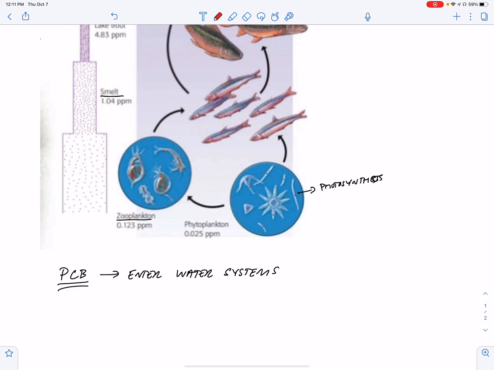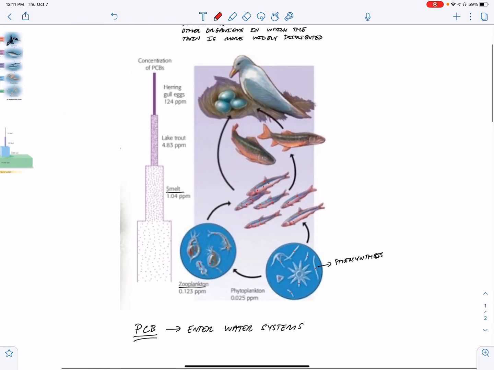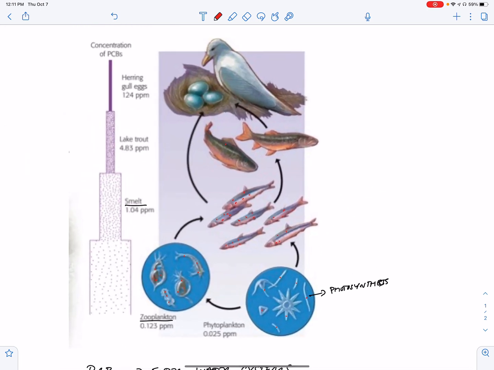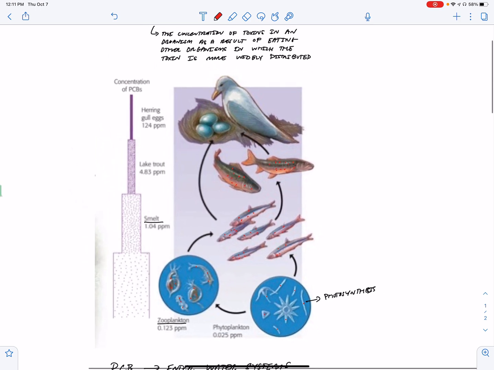And the same is true even to a higher extent in the smelt. So as we move up the food chain, we start to see a higher and higher concentration of PCBs in every single organism until we get to the top predator, the herring gull, which has a super high concentration of PCBs in its system.